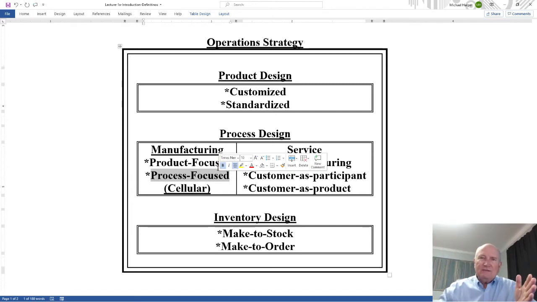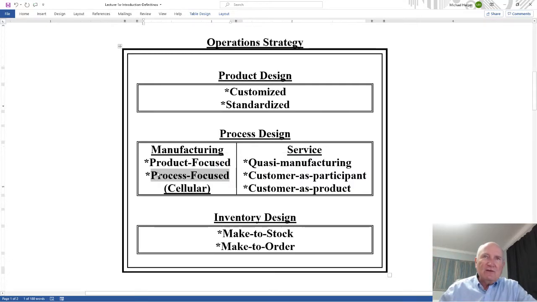But you can take out one cell, put in another cell, and have a little bit different product. Well, when you have different products, that's more of a process-focused process design. And so within a cell, you have product-focused, high volume, low cost. Between the cells, you have a process-focused product variety, and you can focus on the quality of a process. And so cellular manufacturing is where these two can be combined.